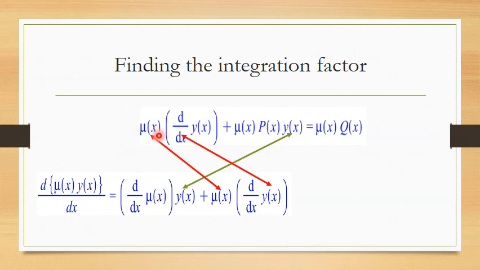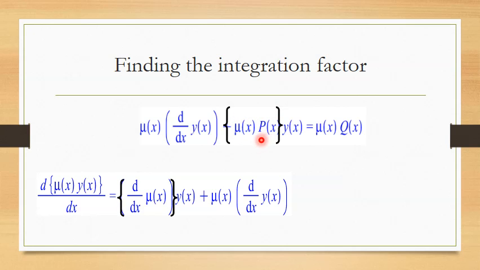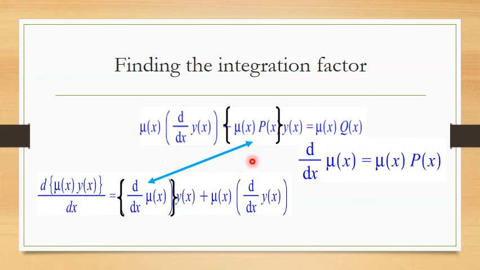Here's mu of x, and here's mu of x. They're both multiplied times the same function. So I have this group of functions left over and this group with a derivative. Now, if I want this to be true, this and this need to be equal. So this is the condition I'm going to choose.